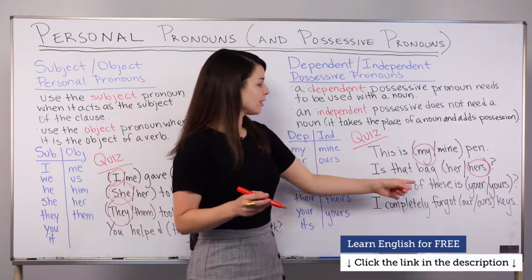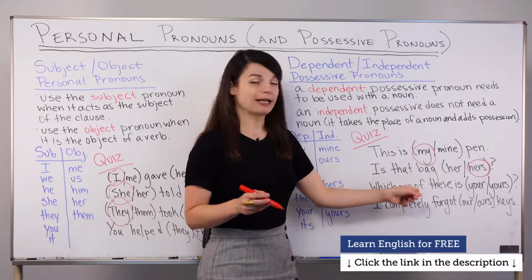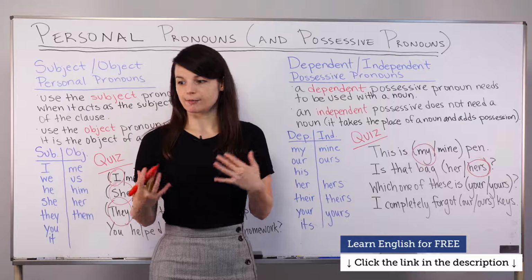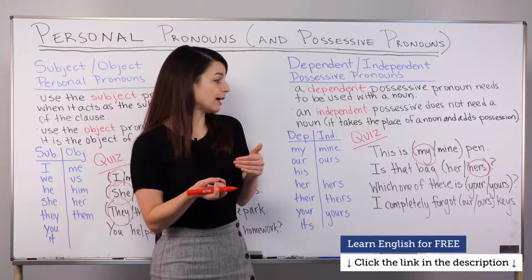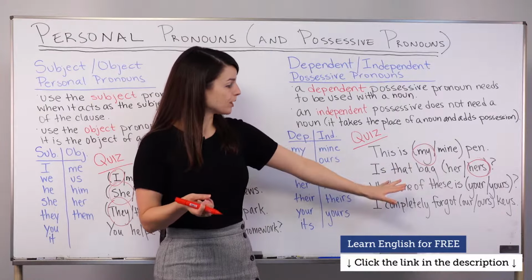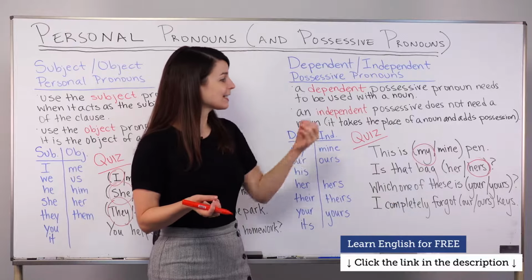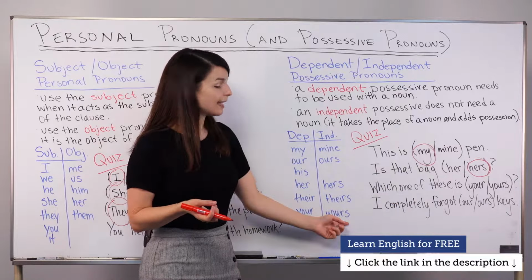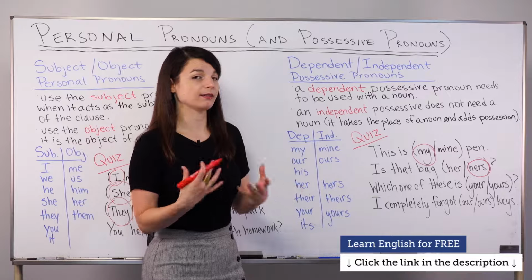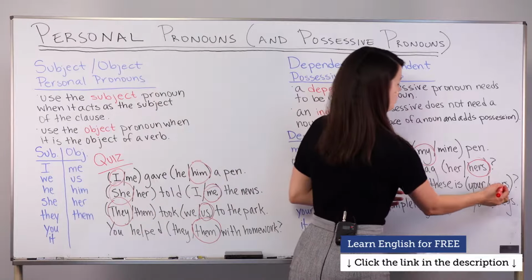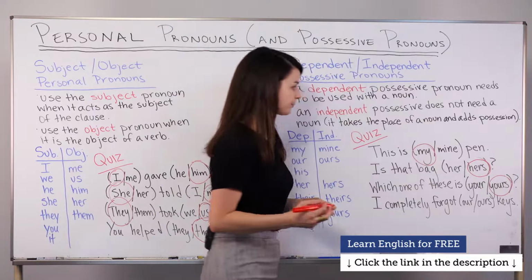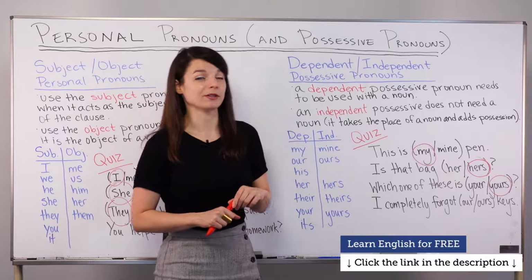So again, there's nothing before my noun here. Instead, it's following. So which one of these is yours? We need to use the independent one here because it's not coming before the noun. Don't forget that S sound as well.